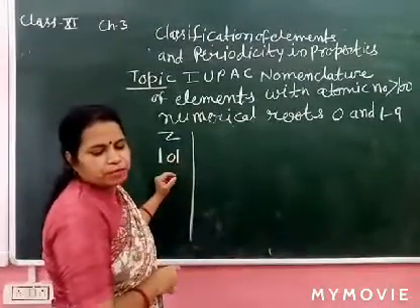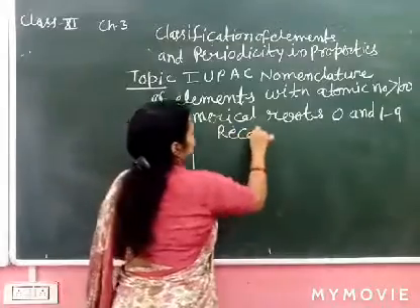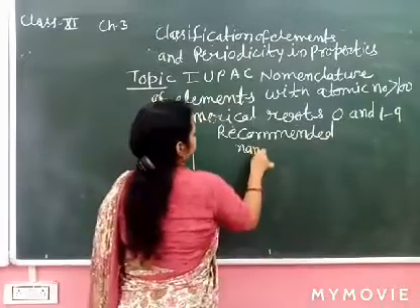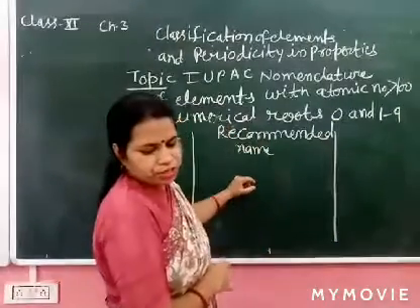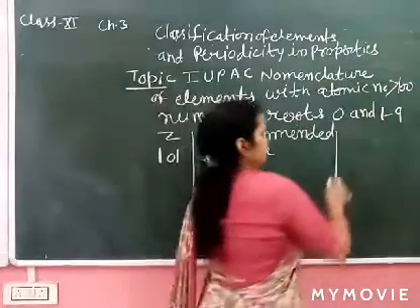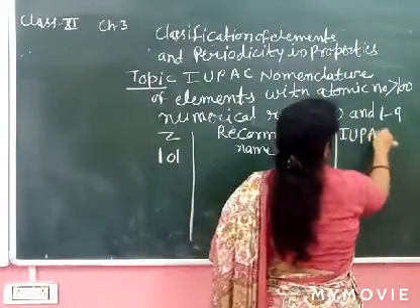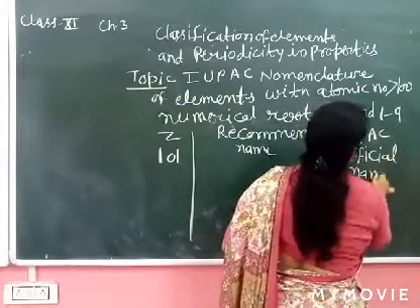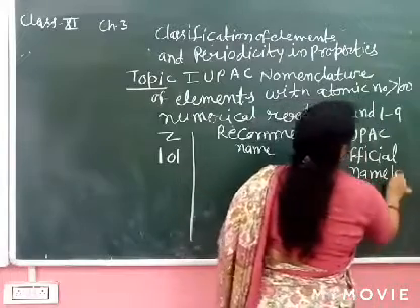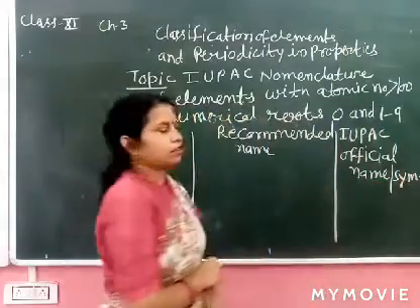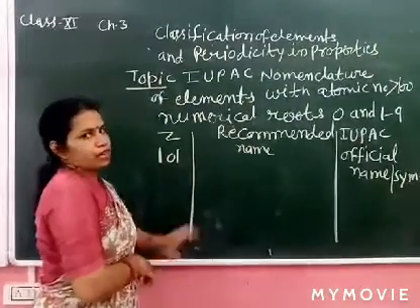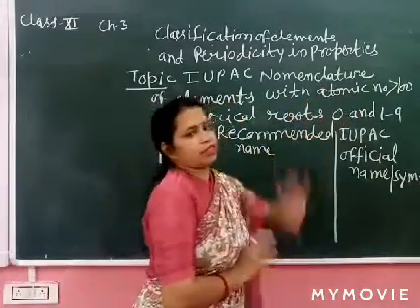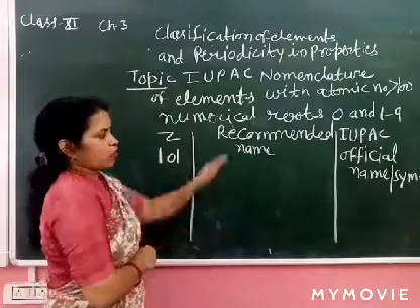The IUPAC nomenclature is for atomic numbers after 100. So for 101, what is the recommended name?